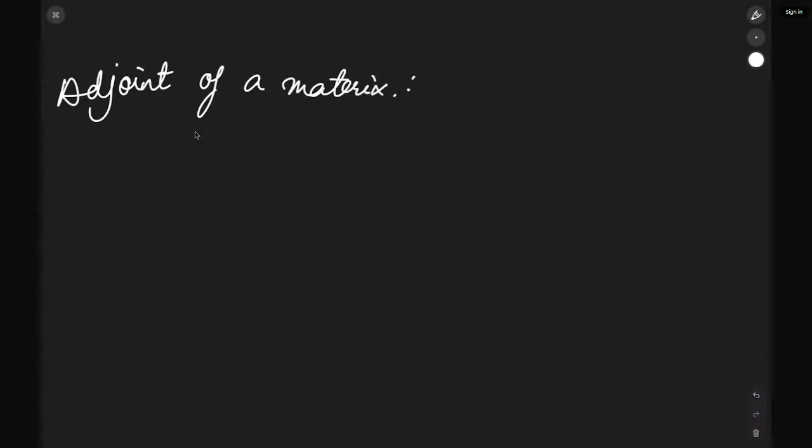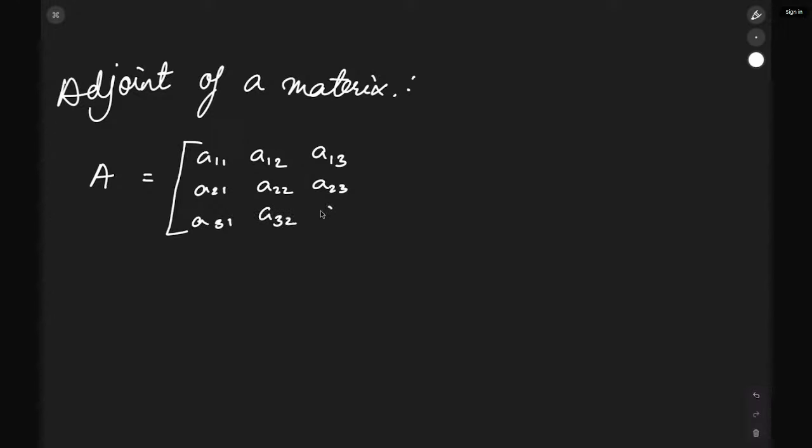Next up, the question that we have is the adjoint of a matrix. So if A is equal to, I'll draw a 3 cross 3 matrix: a11, a12, a13, a21, a22, a23, a31, a32, and a33.